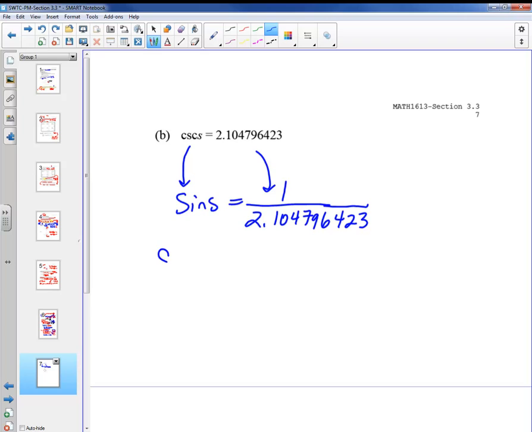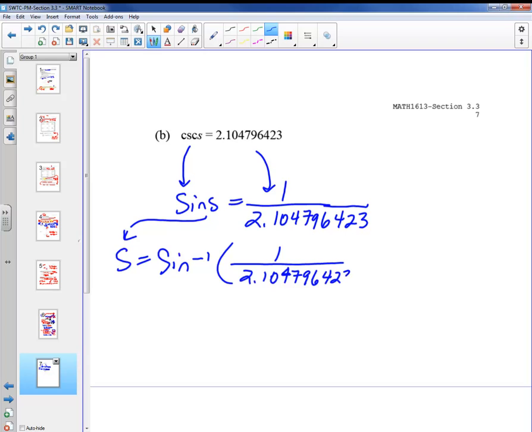So then you will have S equals inverse sine of 1 over 2.10479643, and now we can do it directly on the calculator.